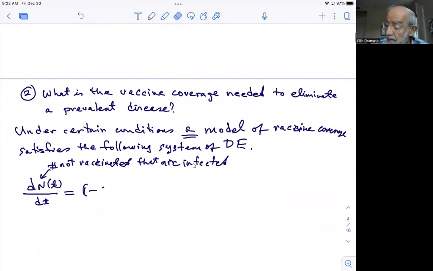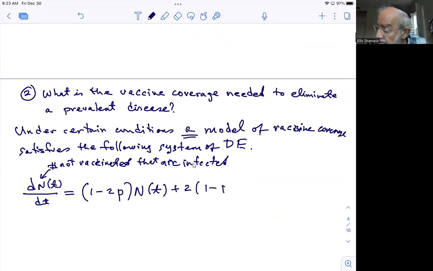That is, we start out by saying that the rate of change in those who are not vaccinated as a function of time is going to be given by a differential equation, which turns out to be 1 minus 2p times n of t, the number who are not vaccinated that are sick, plus another term from the number that are vaccinated and also sick.